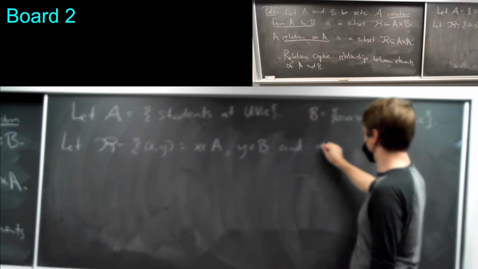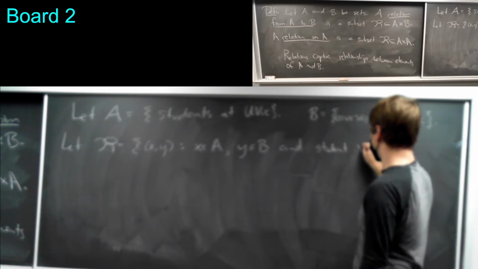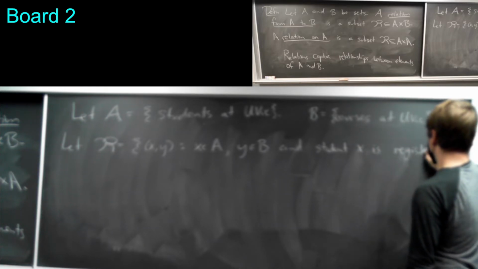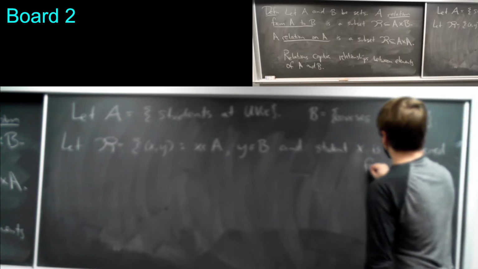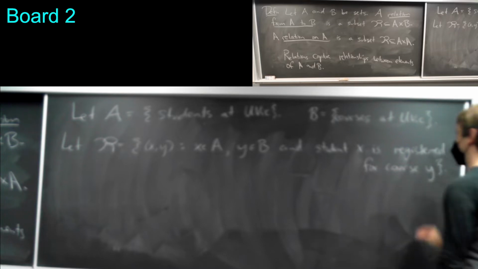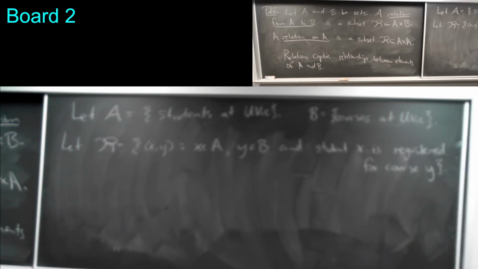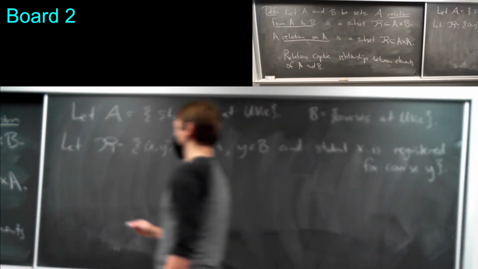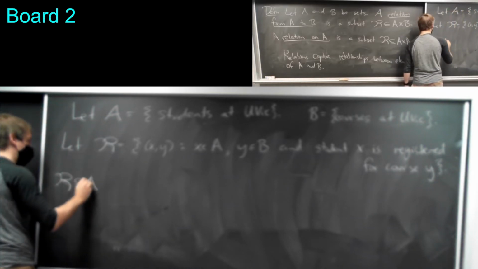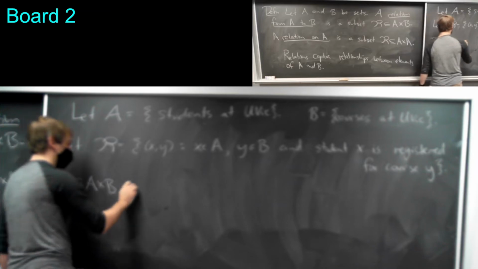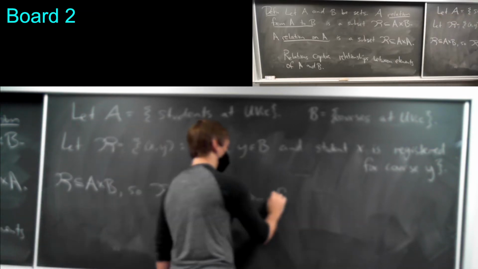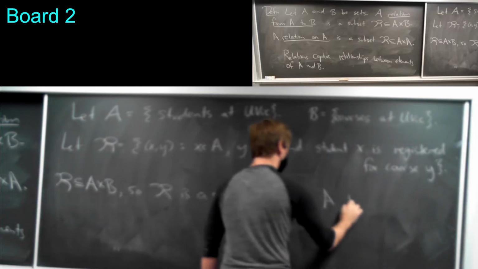So student x is registered for course y. So, of course, R is a subset of A cross B. So R is a relation from A to B.